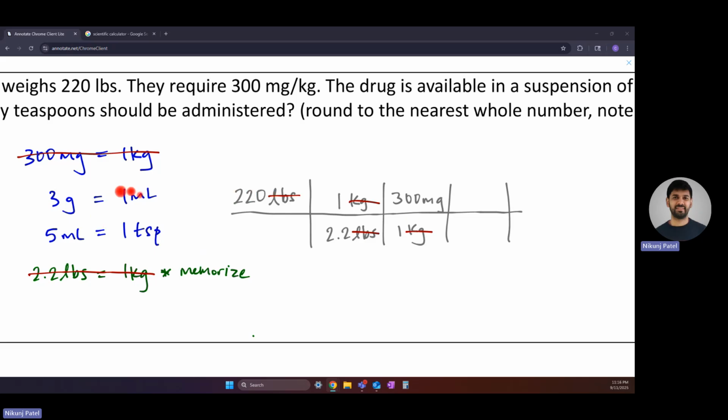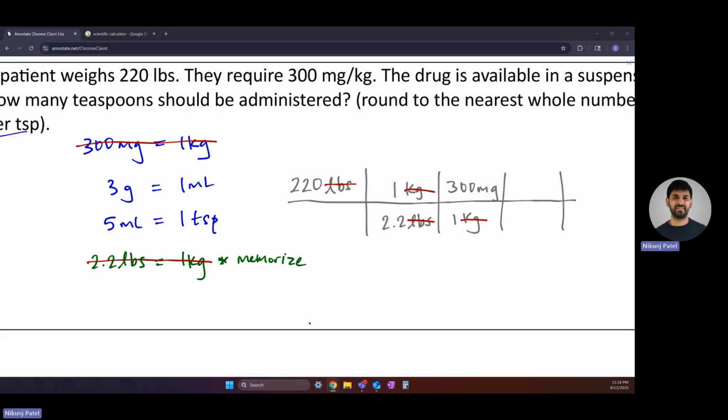Looks like we don't have milligrams anywhere. We do have grams though. So we do need another memorized factor. We need that 1,000 milligrams to 1 gram conversion. Another one to memorize.